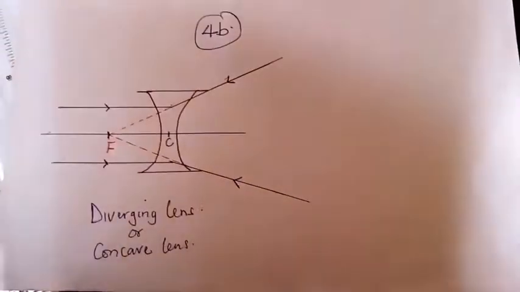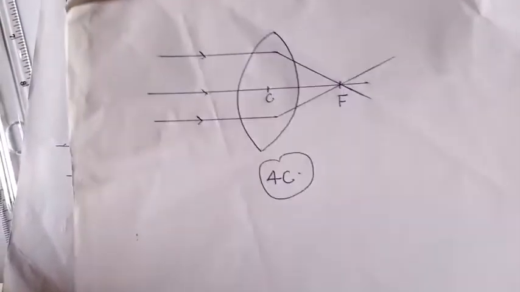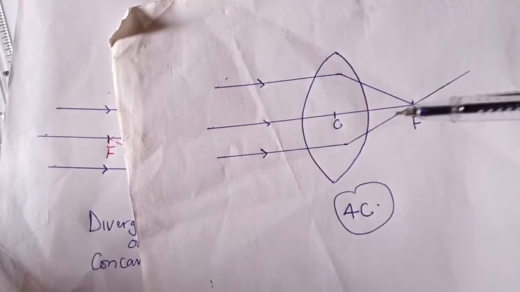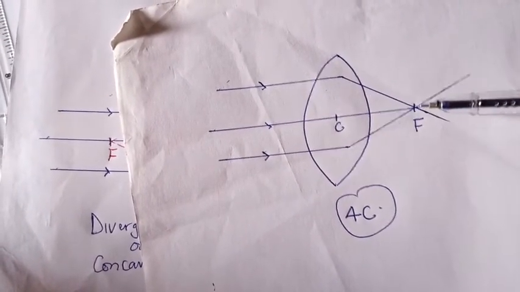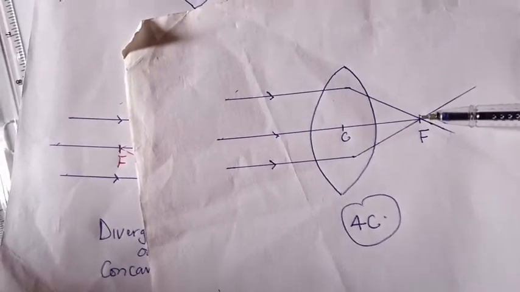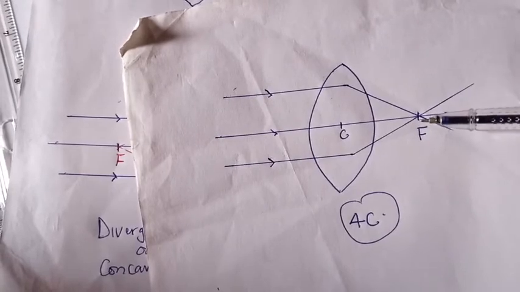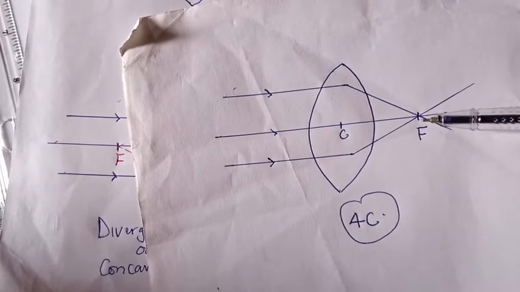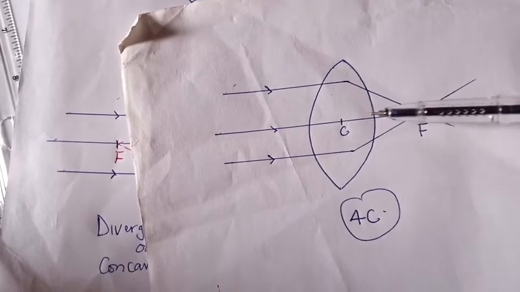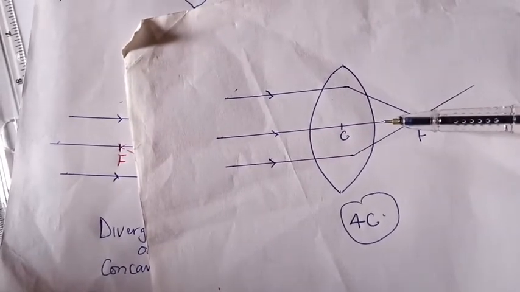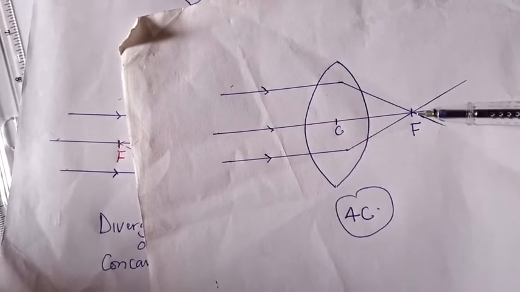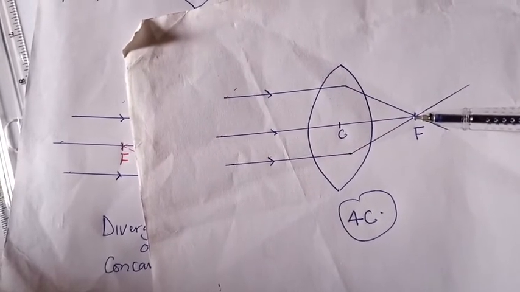And this is the principal focus of a convex lens or a converging lens, which is defined as the point on the principal axis where all the rays parallel and close to the principal axis appear to converge after refraction.